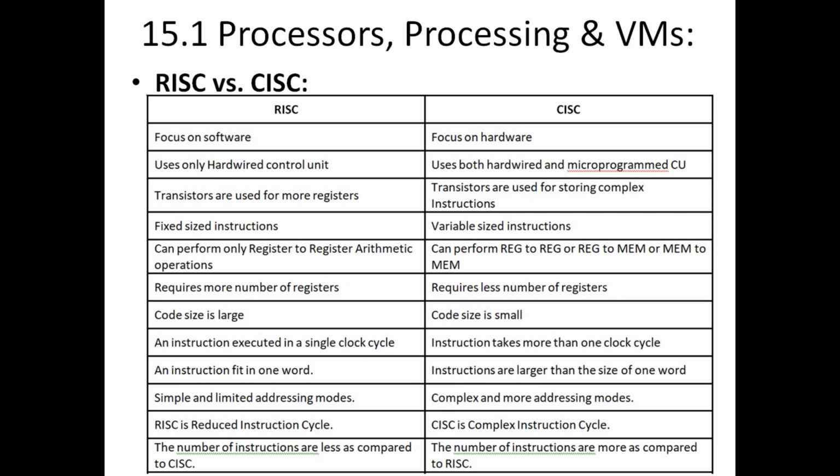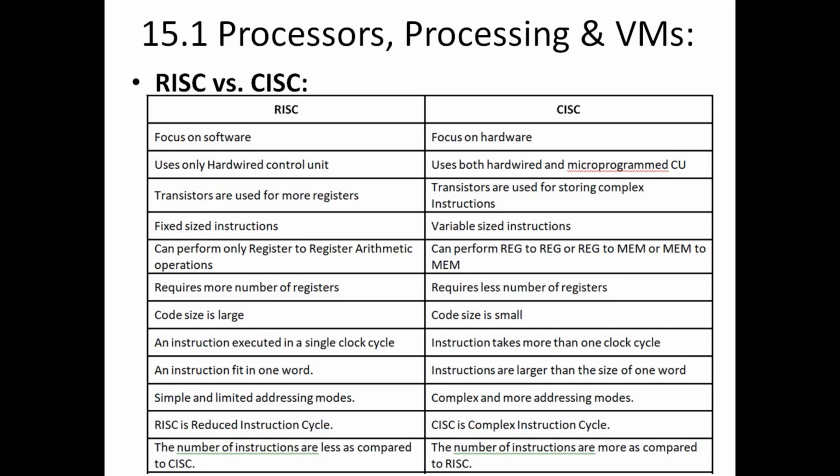In RISC we use transistors as registers, and in CISC transistors are used for storing complex instructions rather than being used as registers. In RISC we have fixed size instructions. In CISC we have variable size instructions.